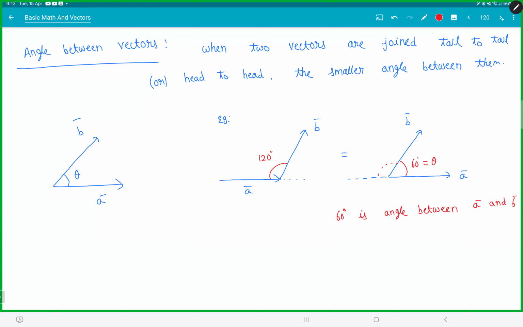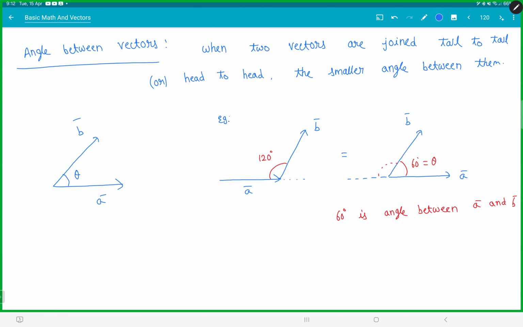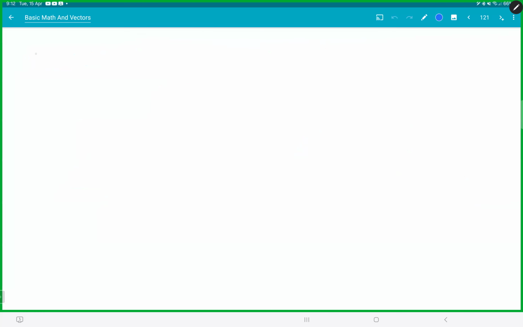Easy? Let me give an example. You tell me what is the angle between these vectors. Suppose I make three vectors like this: A is equal to 3, B is equal to 4, C is equal to 5, a right angle triangle. Find the angle between A bar, B bar, and C bar.